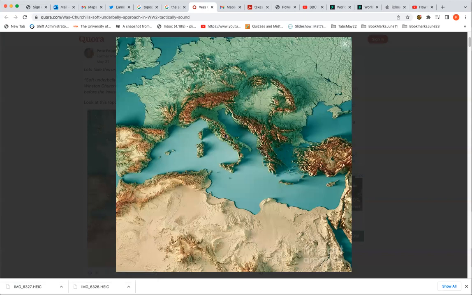What the Allies did is they managed to fool the Germans about where the Allied attack would occur after the North Africa campaign.